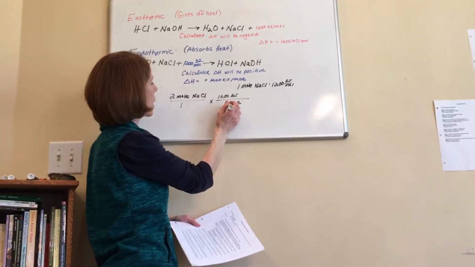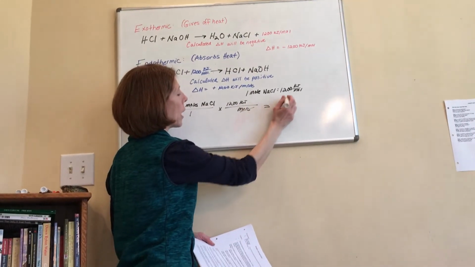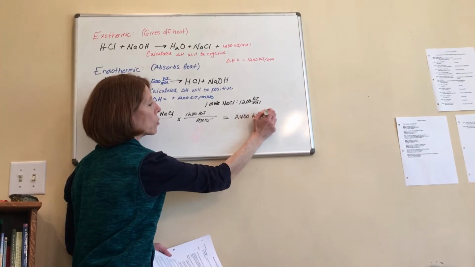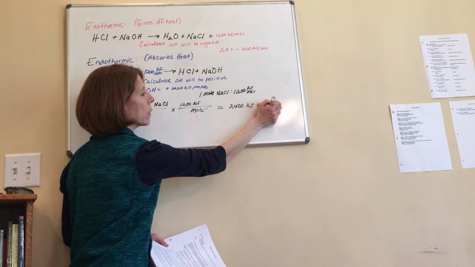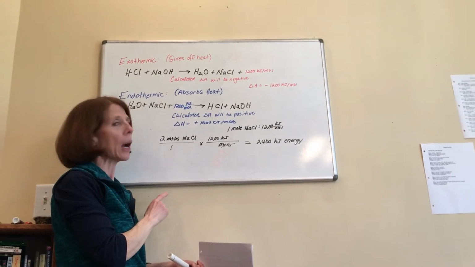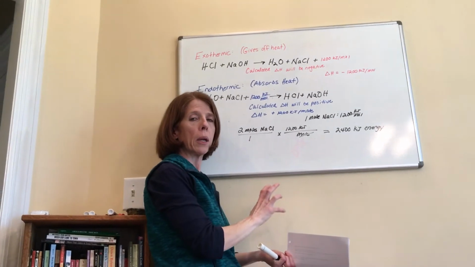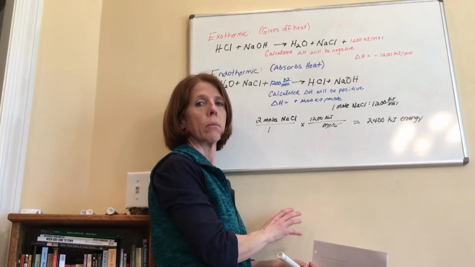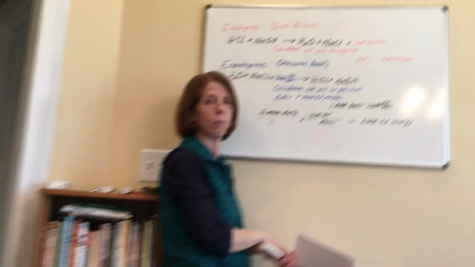My moles cancel out here, so I would end up with 2,400 kilojoules of energy. We'll look at that with the practice problems, but that's the idea behind using enthalpy, the change in energy, as a stoichiometric equivalent. Go ahead, pause.